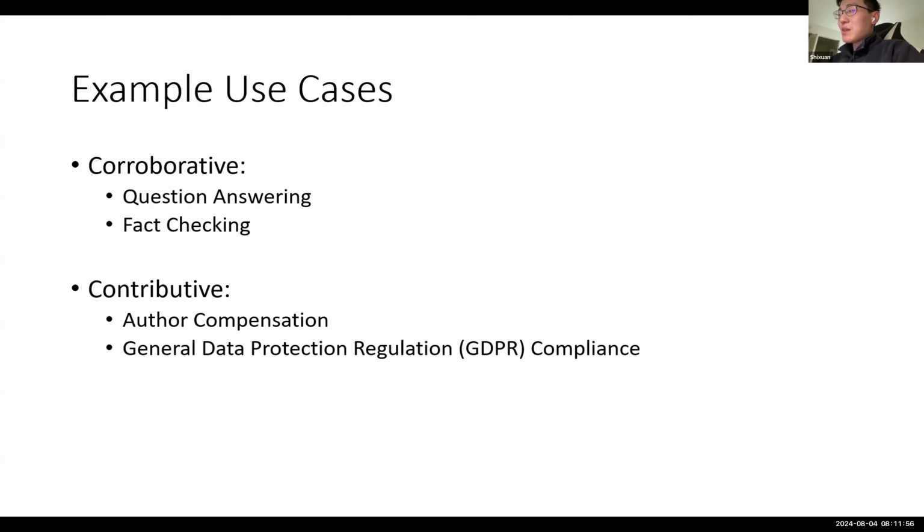And also sometimes you are not sure whether the sensitive data's influence is still there. So one way to make sure the influence is removed is to apply the contributive attribution method to the model and see whether the sensitive data doesn't have any influence.